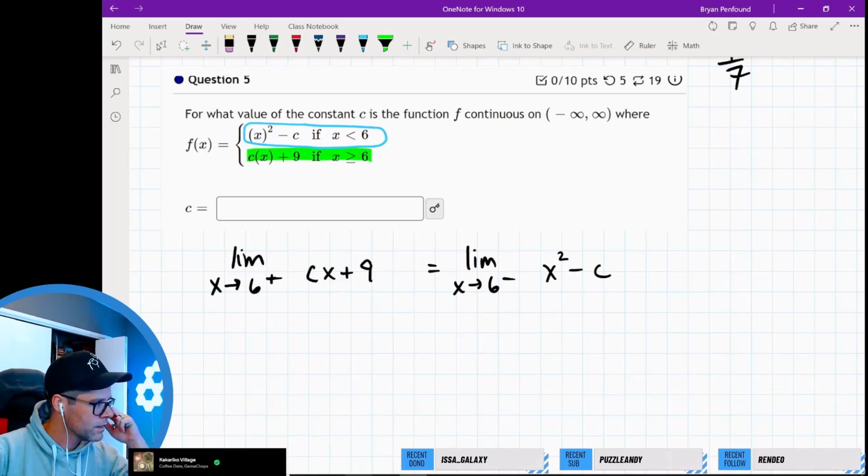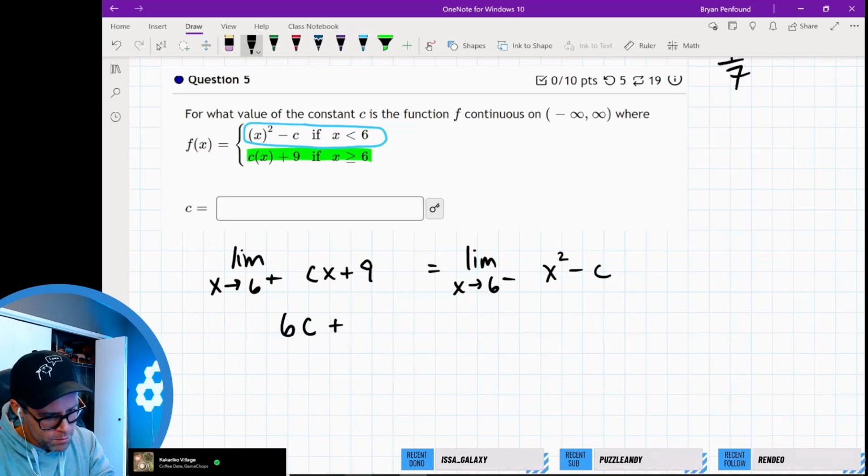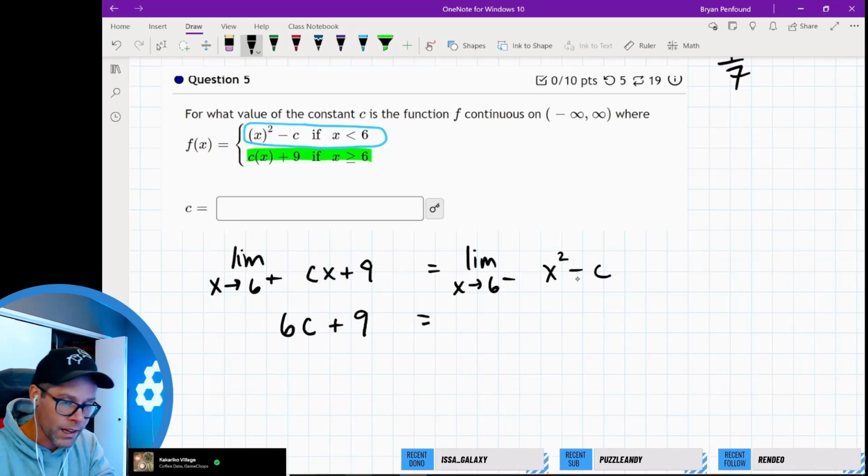Fem says 27 over 7. That's a very oddly specific fraction, so it's probably right. If I sub 6 in for x, I'm going to get 6c plus 9. And if I sub 6 in for x on the right-hand side, I should get 6 times 6, which is 36, take away c.